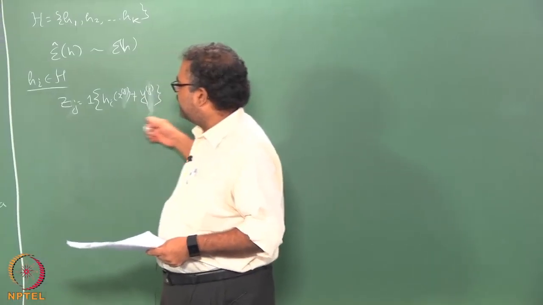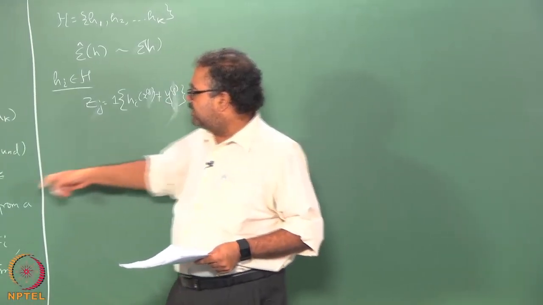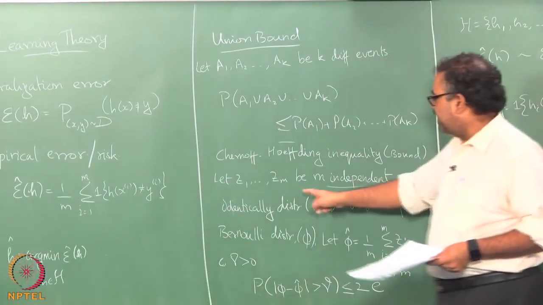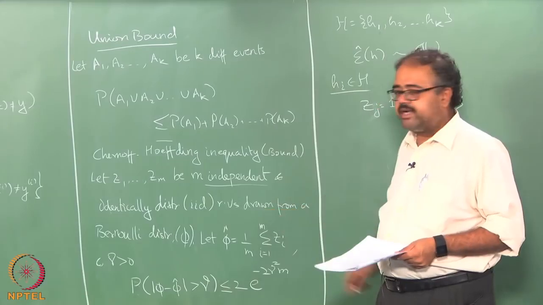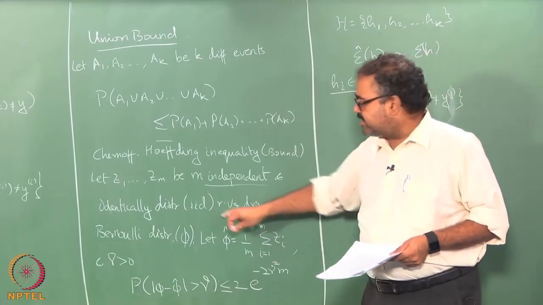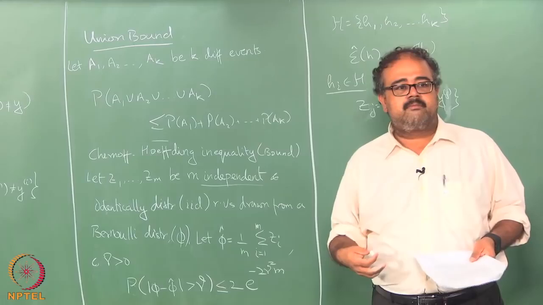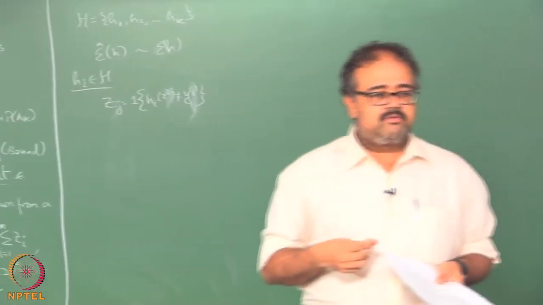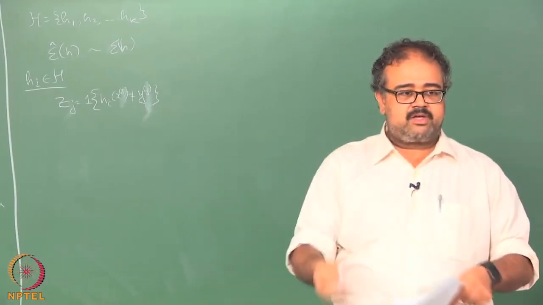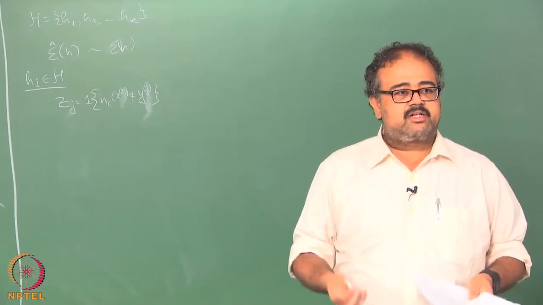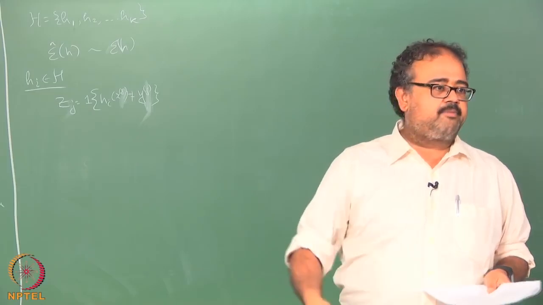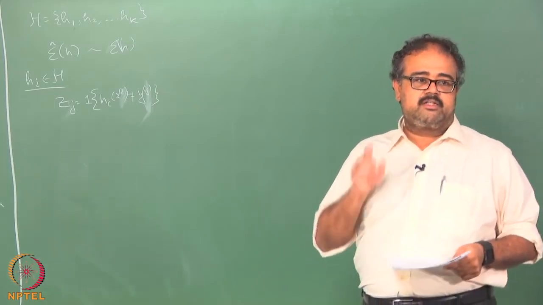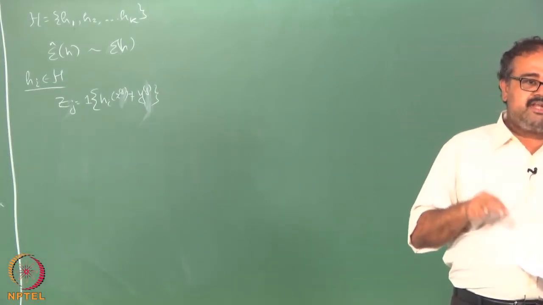So what is it that we have? If I have m training points, like we said, we assume there are m training points, therefore I have these m independent identically distributed random variables, okay. What is the distribution that I am drawing this from? From the true distribution of the data, right. All the training points have come from the true distribution of the data, right. So that is something which is very important. These are the two main assumptions that we are making here.